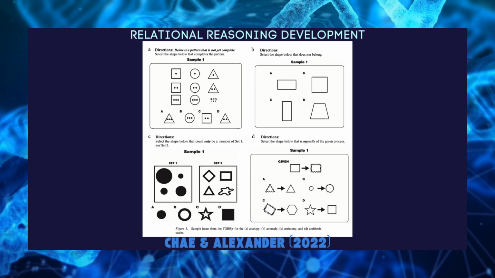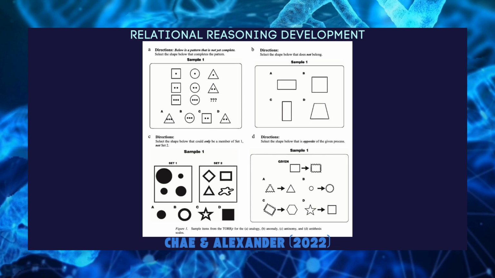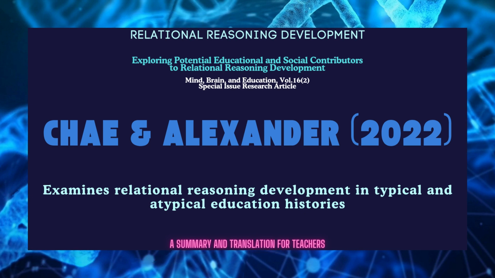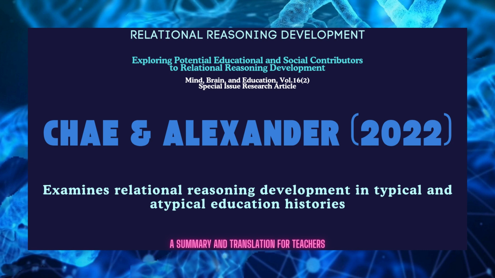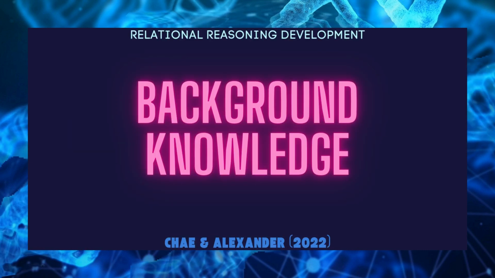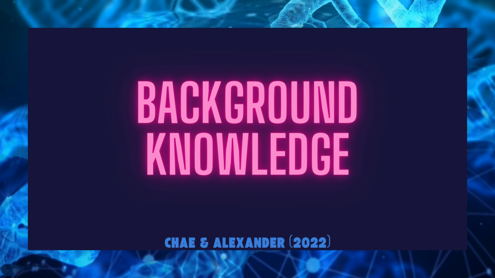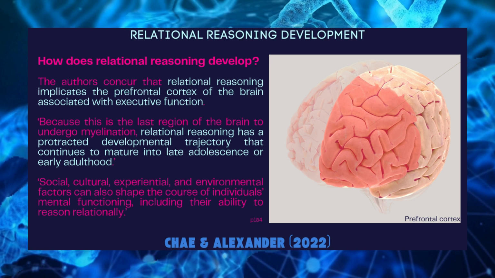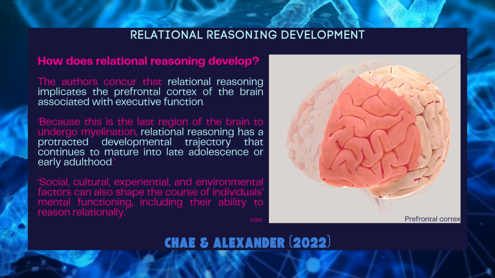These tests are part of what is called the Test of Relational Reasoning Junior. This study from Mind, Brain and Education examines relational reasoning development in typical and atypical education histories. The authors concur that relational reasoning implicates the prefrontal cortex of the brain associated with executive function.